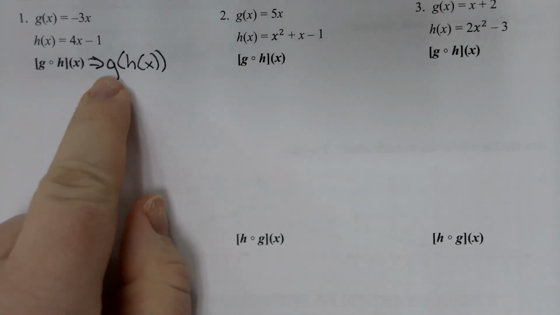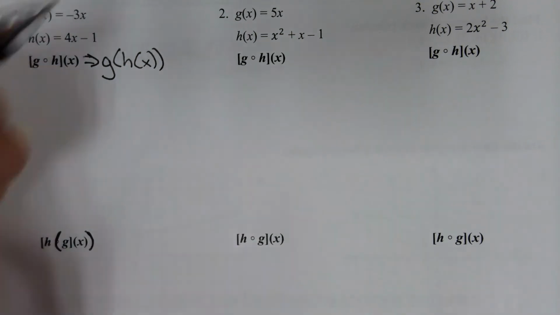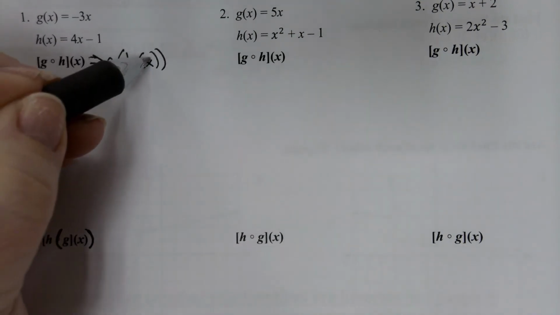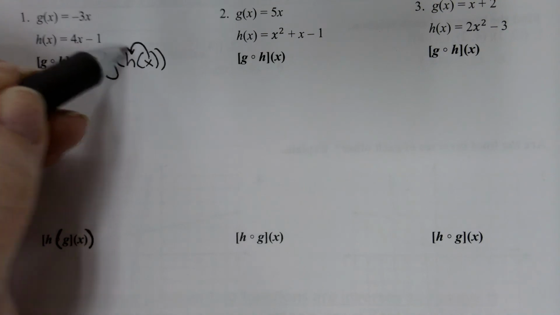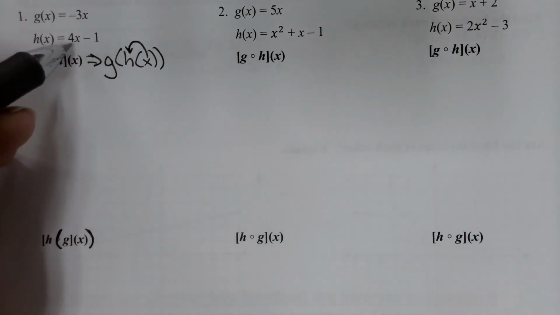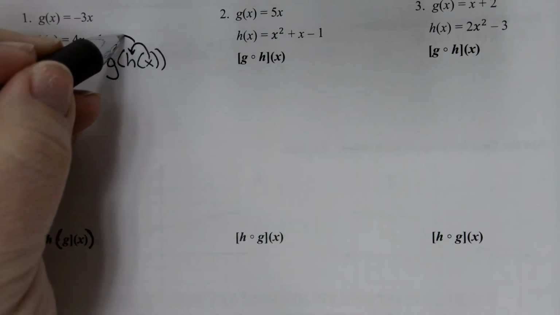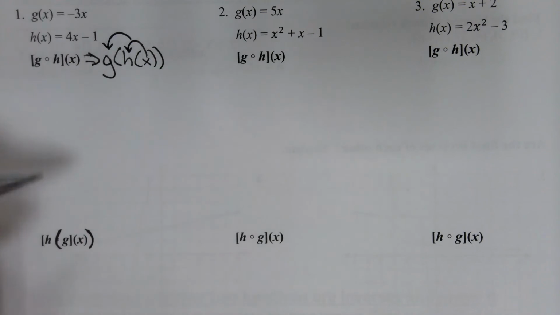Now, what is g of h of x asking us to do? It is asking us to take the innermost parenthesis, so in this case x, and make sure that it is put into h. Well, that's already done. x is my variable. But we are going to take h and now put it into g.